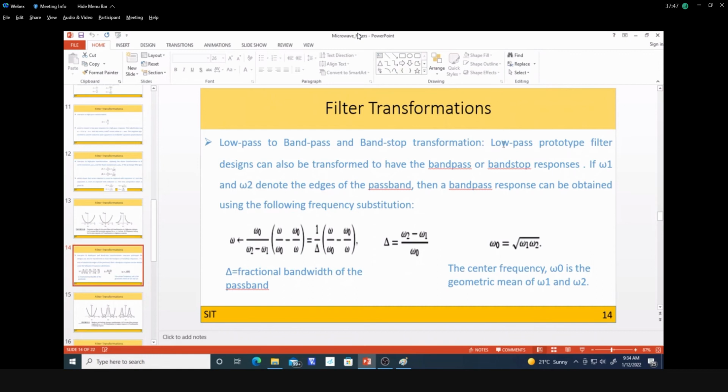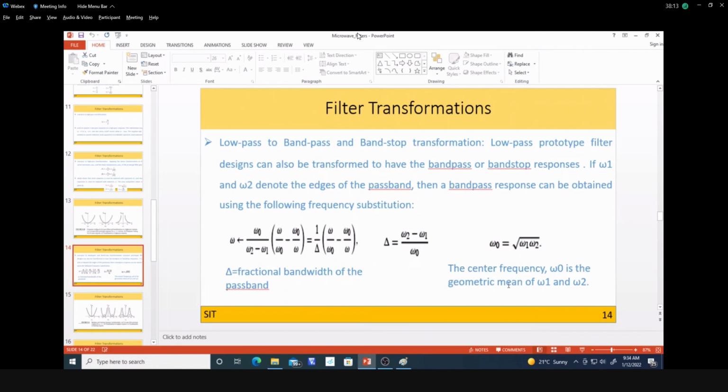Now you can see how the transformation happens. This is the equation where we transform the low pass prototype to the band pass. You have to replace it, and delta, as you know, is omega 2 minus omega 1 divided by omega naught, and that omega naught is the square root of omega 1 times omega 2.